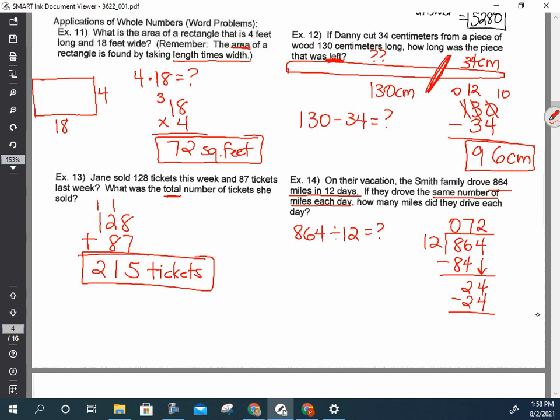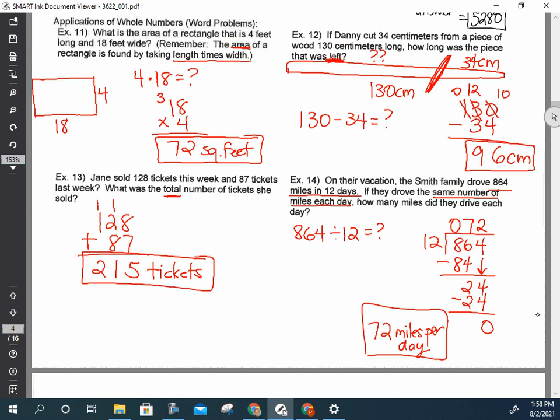And then 24 minus 24 is 0. So you're looking at 72 miles per day. Again, the main thing you're looking for is making sure that the computation is correct. You might be able to get by with not having the units, but the computation needs to be on point.